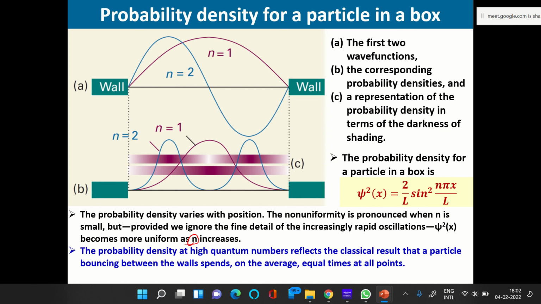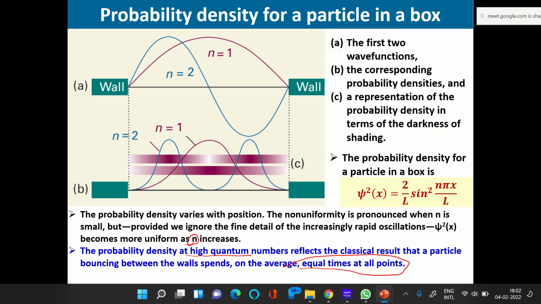At very high quantum numbers, almost all the points will look as if they have equal probability at all points. ऐसा भी situation आपको लगेगा. So when you go to the high quantum numbers, there's almost equal probability of finding the particles at different points.